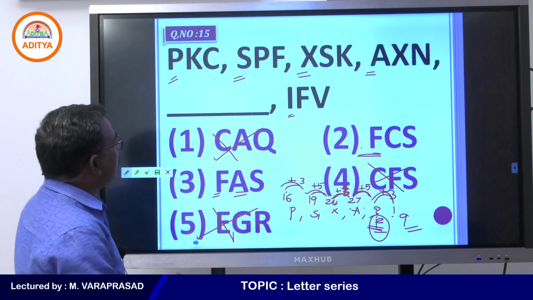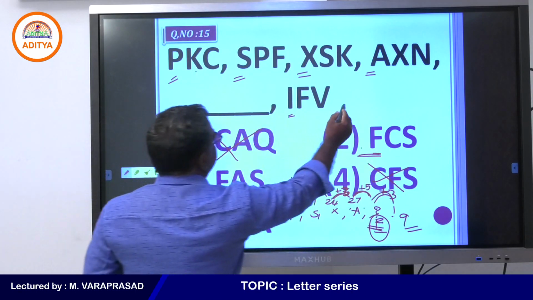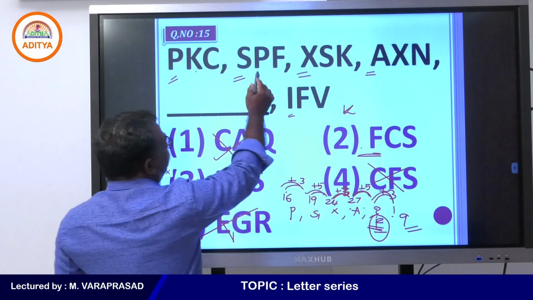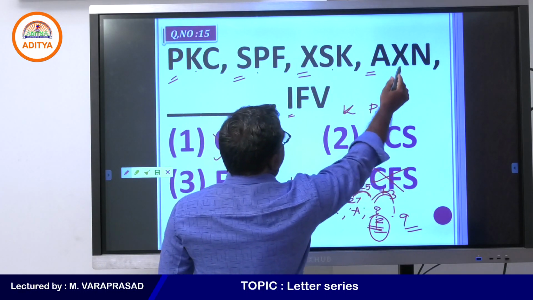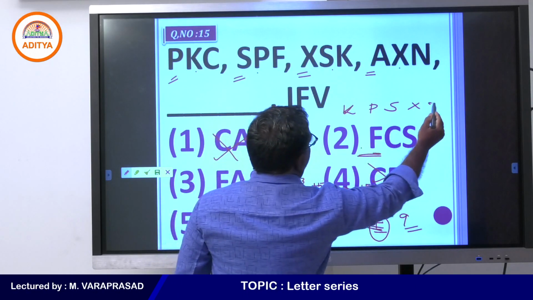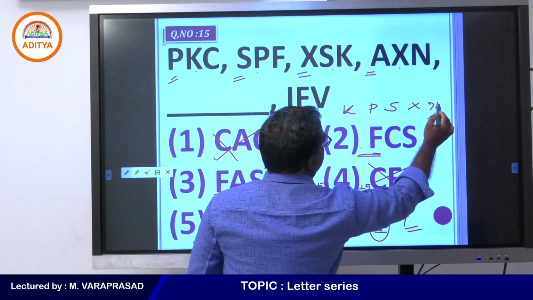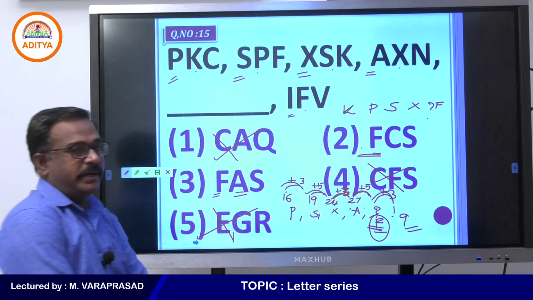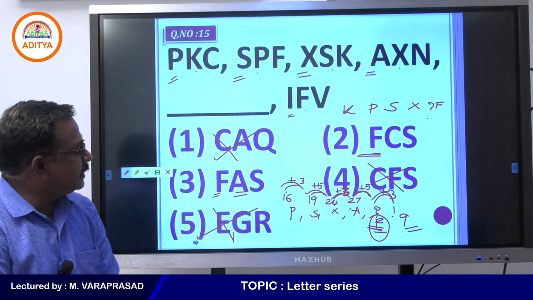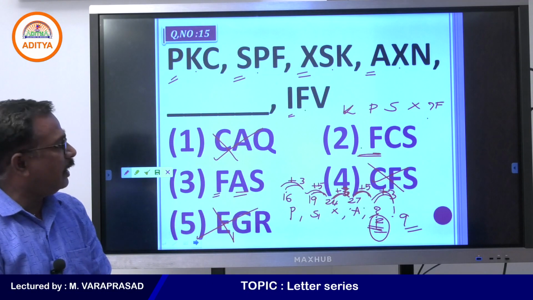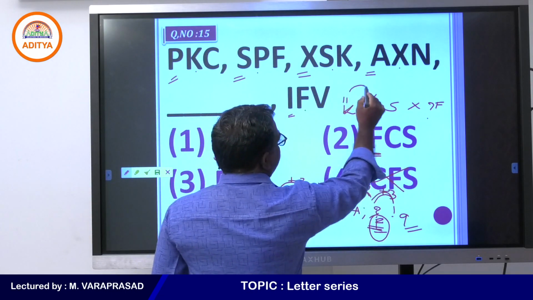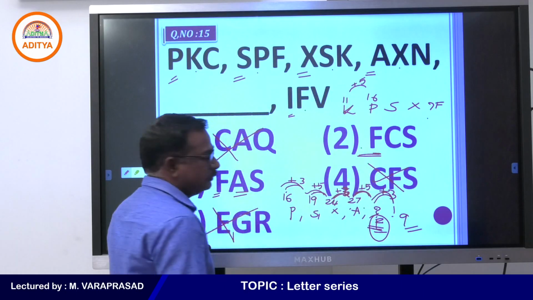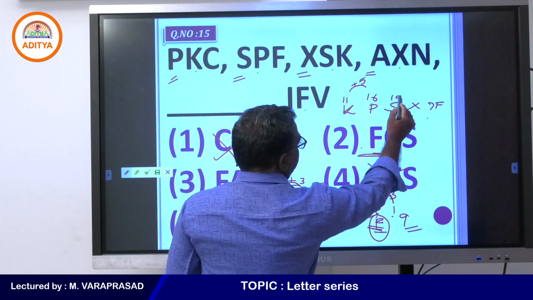Now coming to the second letter series: K is here, P is here, S is here, X is here and question mark and F is here. So what is the pattern here? The pattern is the 11th letter and 16th letter, plus 5, then plus 3.